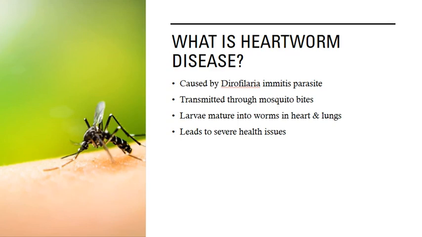Heartworms are transmitted through mosquito bites, where the skin may show erythema, redness, and pruritus, which means itching, before the larva enters the bloodstream. Once inside, the larva migrates through the subcutaneous tissue before reaching blood vessels.